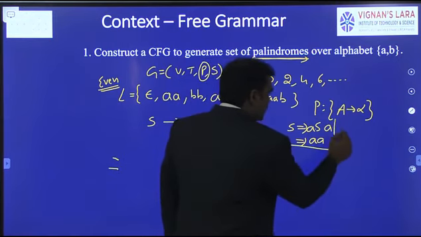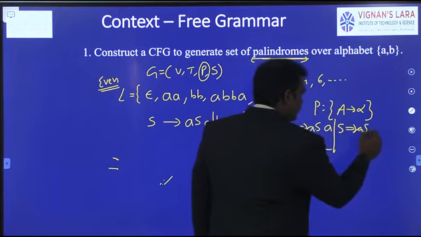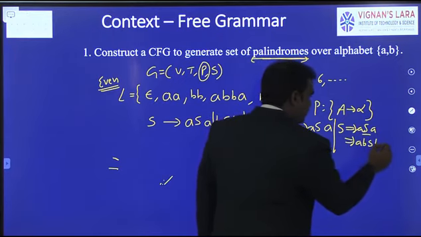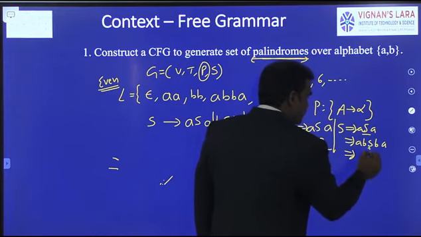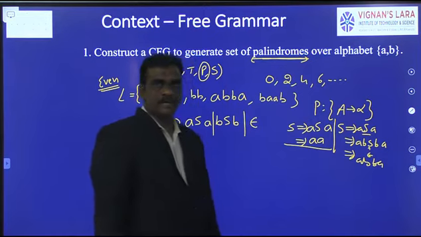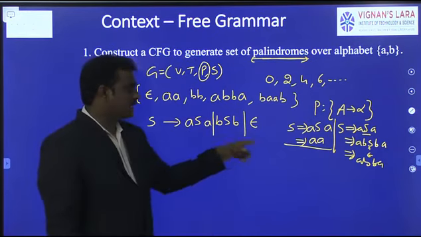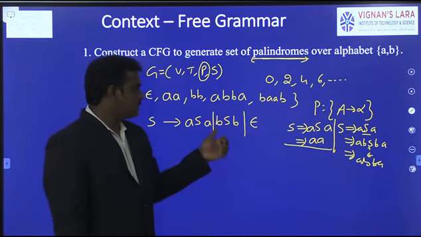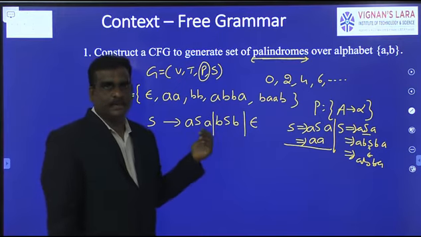Suppose I want to derive ABBA. Now S is replaced with BSB, then A, and now S is replaced with epsilon. Then the string is A, B, B, A. So it is an even length palindrome.